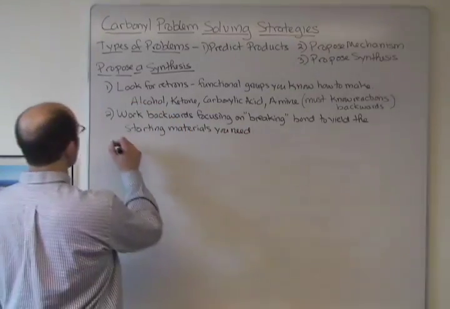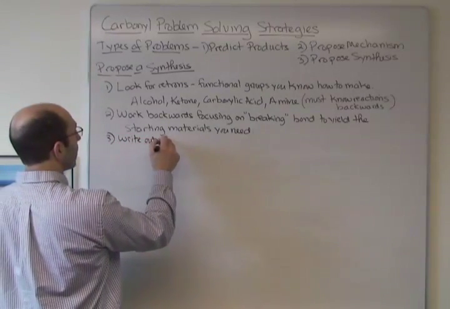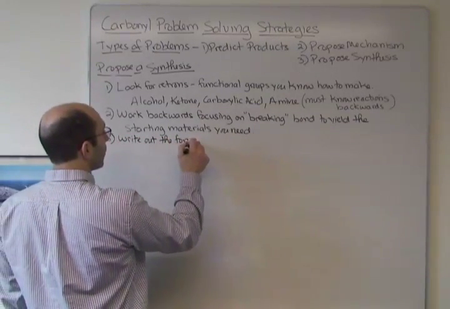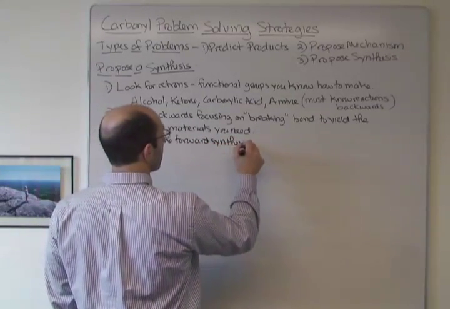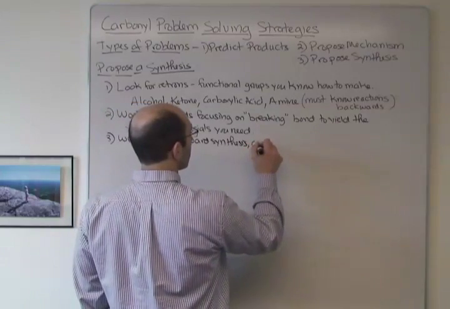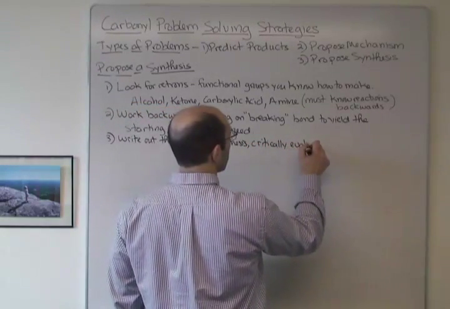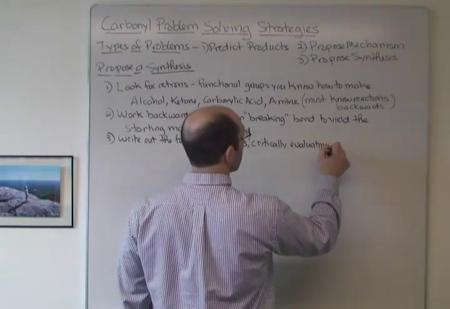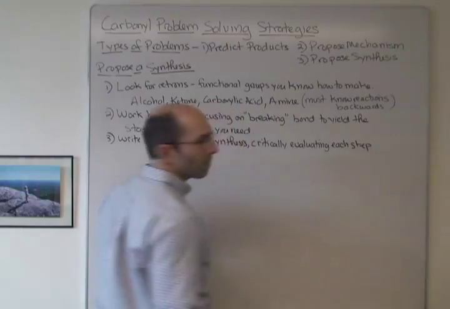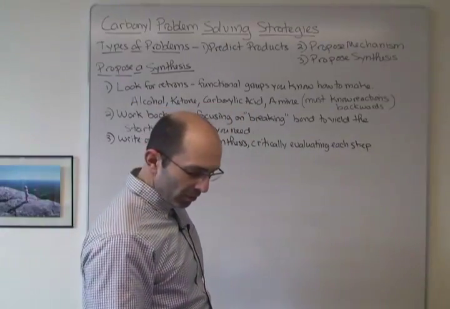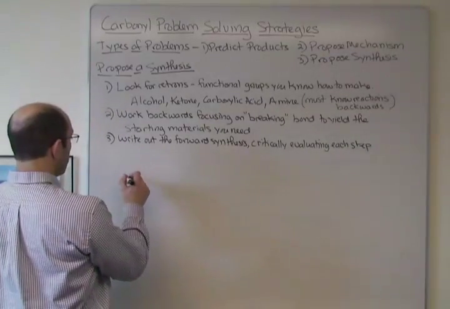Right? And then finally, 3 is to write out the forward synthesis, critically evaluating each step. Right? And so let's just work a problem just to highlight what we're doing here.